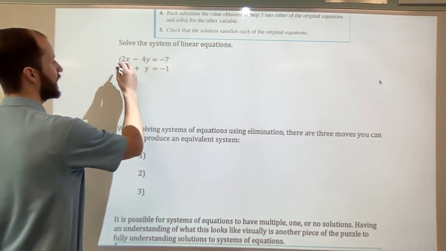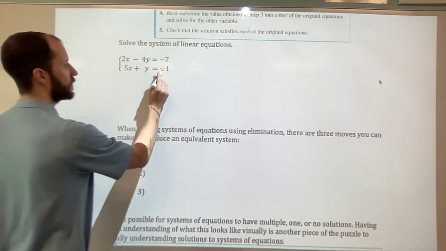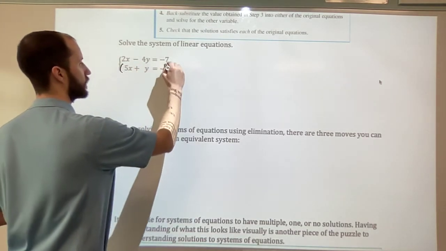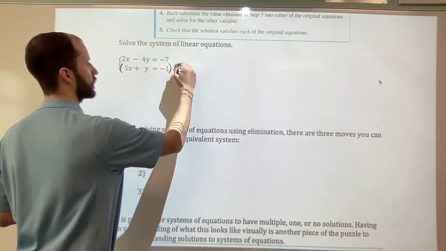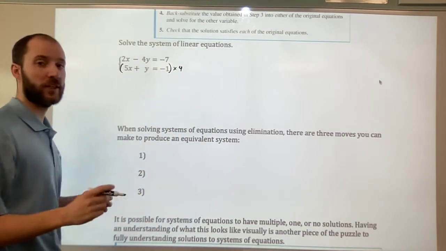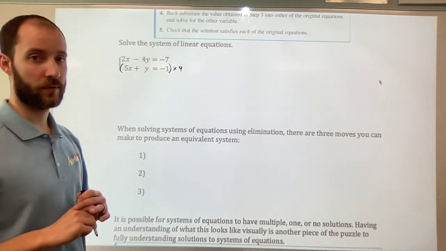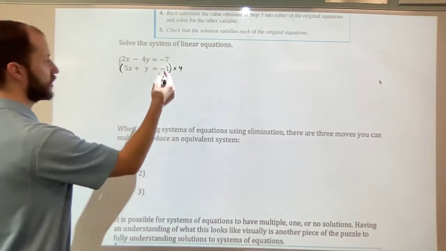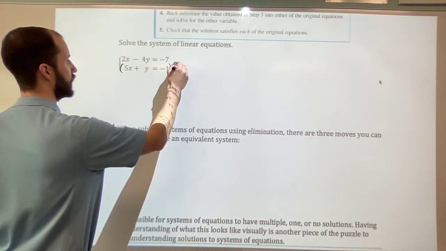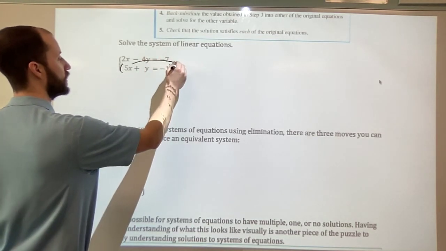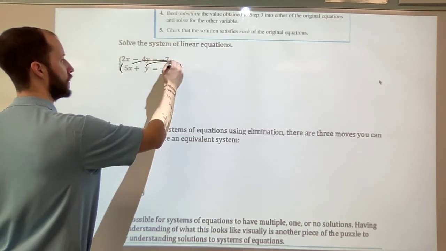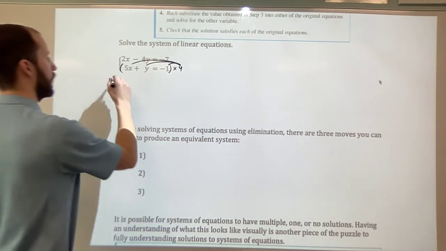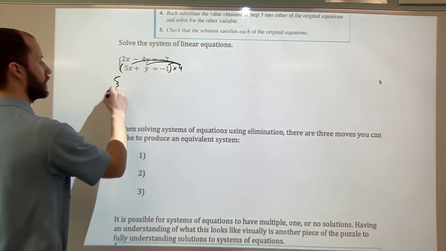So I'm going to take the second equation and multiply everything by 4. So you're going to have to distribute that 4 into the whole equation, to the 5, to the 1, to the negative 1. So let's rewrite.